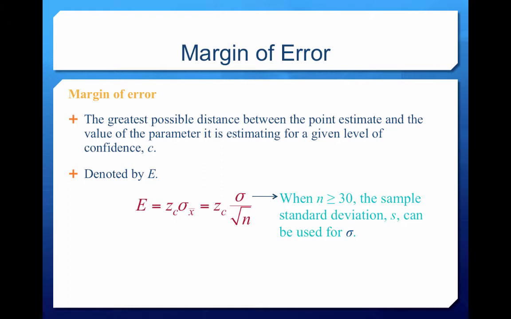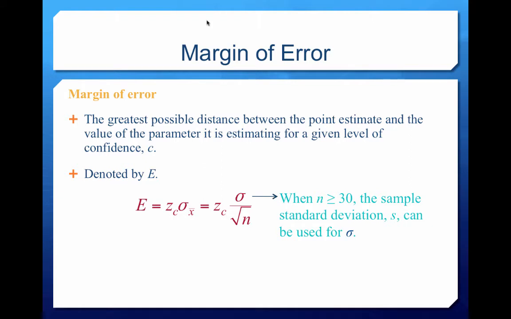And this formula that I just brought up, where we have critical Z times the standard deviation of our sample, and you guys know now that that is just the population standard deviation divided by the square root of n. So this error is something that we're going to add and subtract from our point estimate to get the width of our fence.